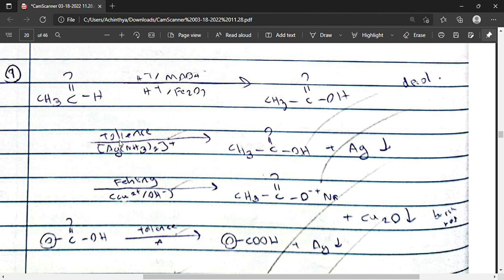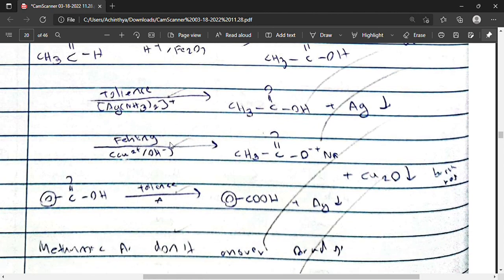This is called the silver mirror test. And if we were to add Fehling's reagent, we will get the sodium salt of the carboxylic acid, and we will get cuprous oxide, a brick red precipitate.